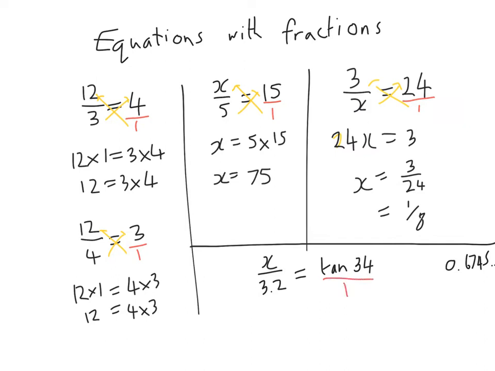We can write that as a fraction, tan 34 over 1. And then we've got a fraction equals a fraction, so we can cross multiply. And that tells us that x is equal to 3.2 multiplied by tan 34. So we can find out what tan 34 is, multiply it by 3.2, and then the calculator tells us that is 2.16 to 2dp.